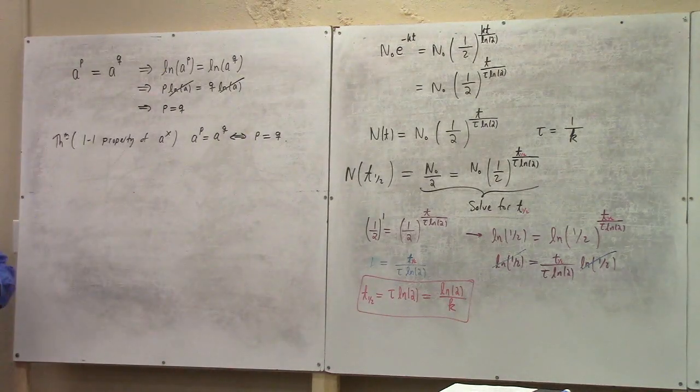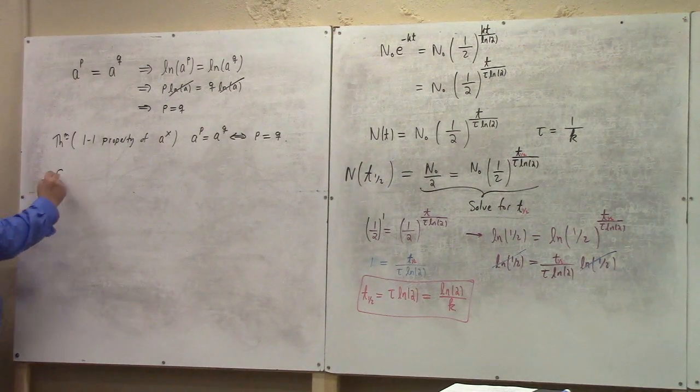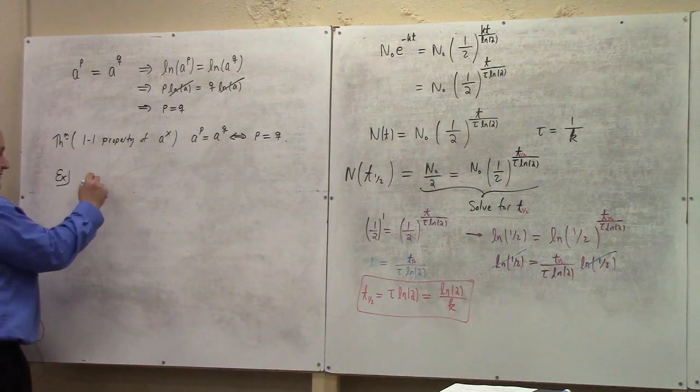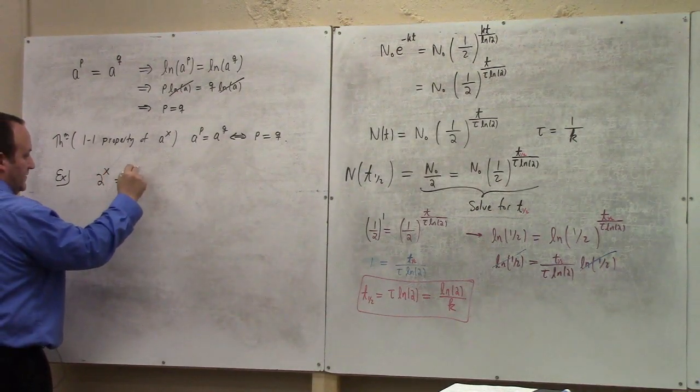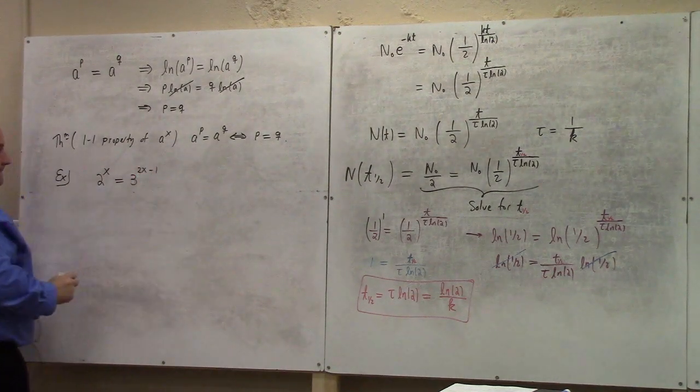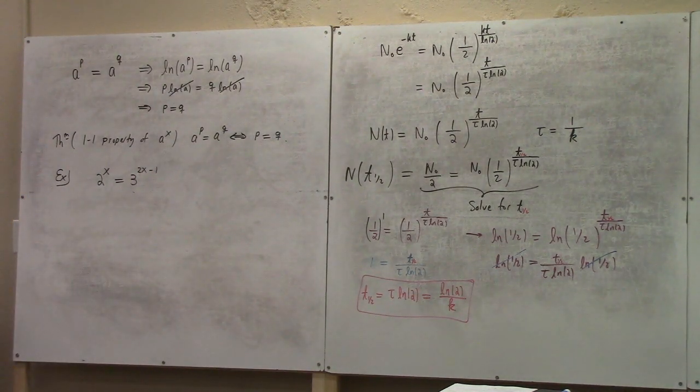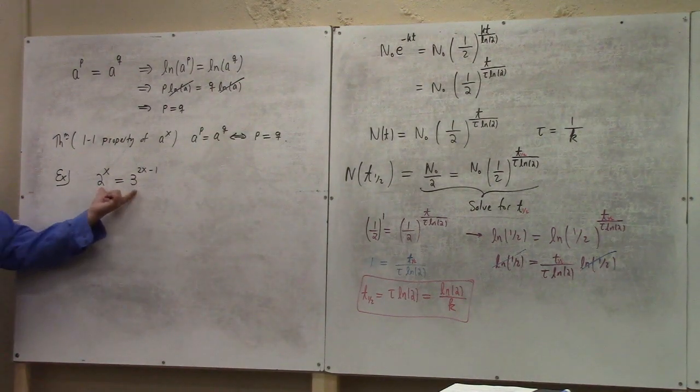But taking the log is not bad, because that way of thinking allows you to solve other examples. Like if you wanted to solve 2 to the x equals 3 to the, say, 2x minus 1. By that, all you would have to do is say x equals 2x minus 1. But we can't do that now because the bases don't match.